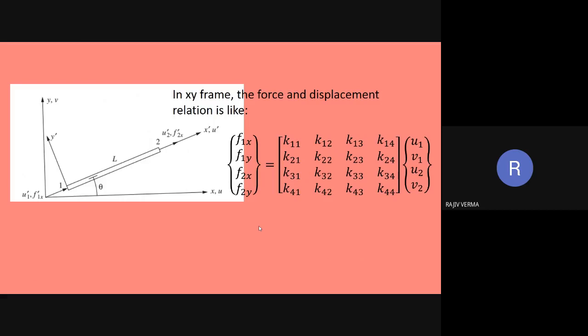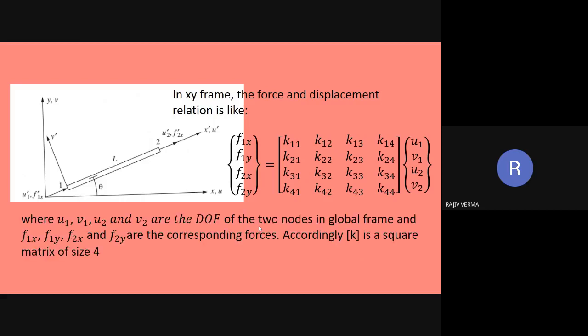The global relationship is where u1, v1, u2, v2 are the degrees of freedom of the two nodes in the global frame, and similarly f1x, f1y, f2x, and f2y are the corresponding forces acting at the two nodes. Accordingly, K is a square matrix of size 4 rows and 4 columns, which can also be written as F equals K into D.